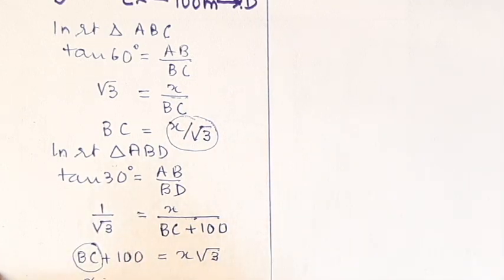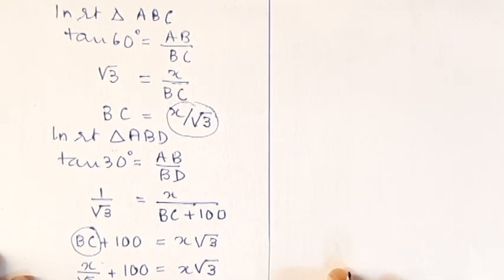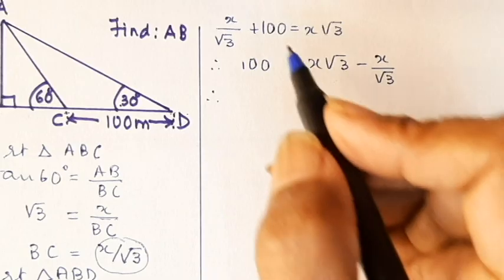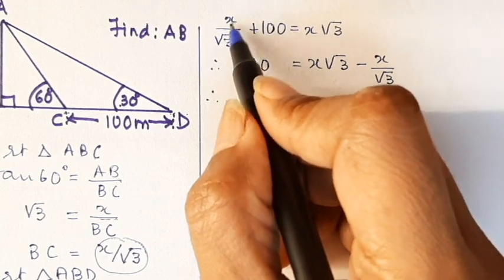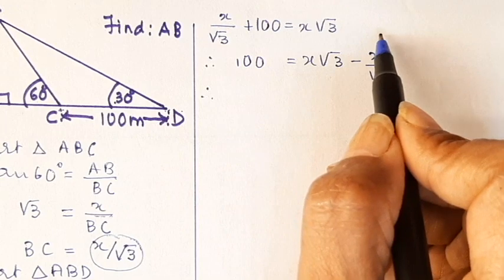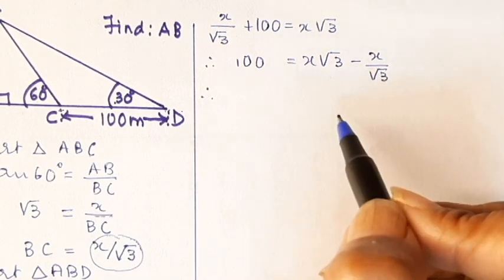So we will write X upon root 3 plus 100 is equal to X root 3. After this step, we will take this X upon root 3 to that side. So it will get subtracted, and our step looks like this.